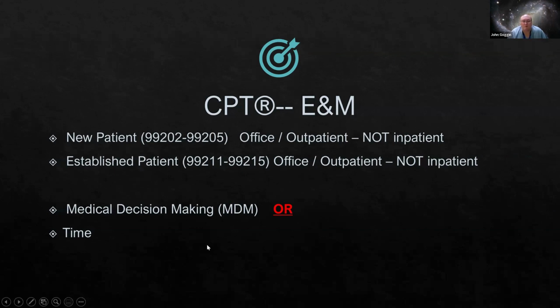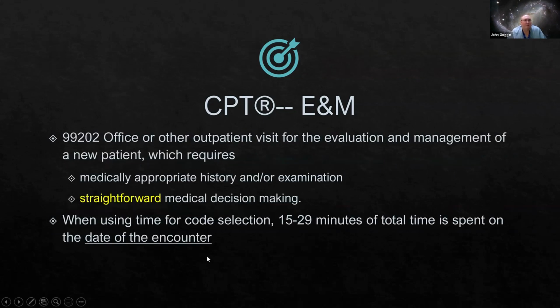So even some people who have been practicing for a while are still wrapping their heads around how this new system of using these codes works. And in addition, this is a lot more complicated to figure out which code to use than your procedure codes. You do a bunionectomy, it's pretty easy to look at the 4 or 5 available codes and match the code to the procedure you actually did, but this becomes a little more complex.